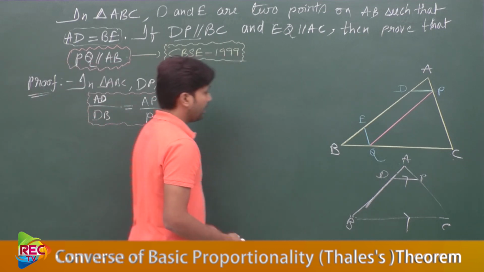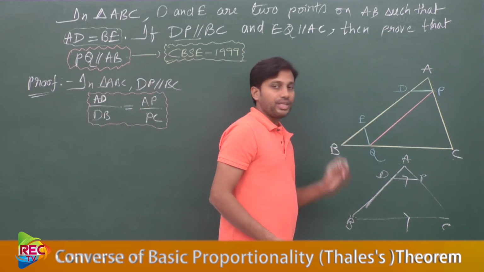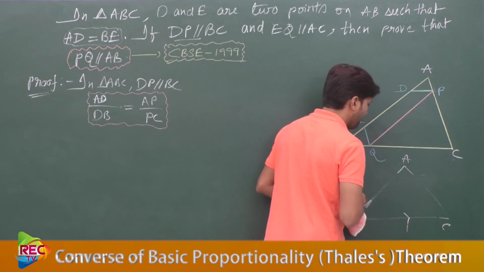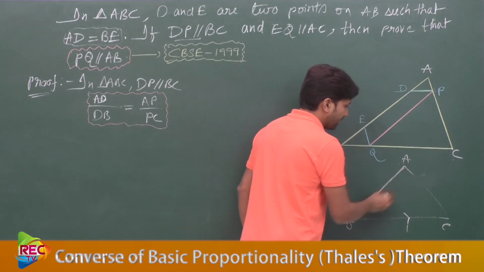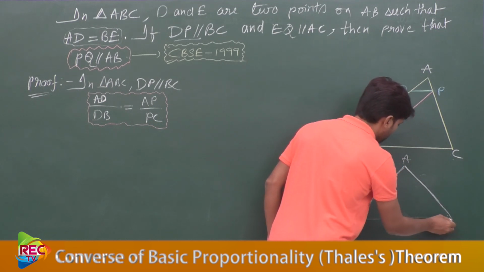Now let us consider line QE. Just let me rub this out, because if all the details are in the same figure, there is definitely a chance of confusion. So we'll rub all this.